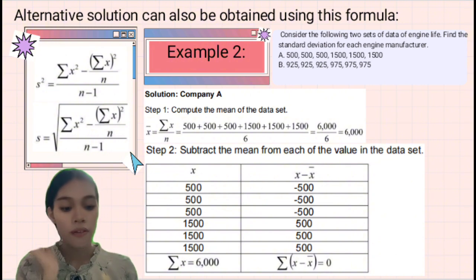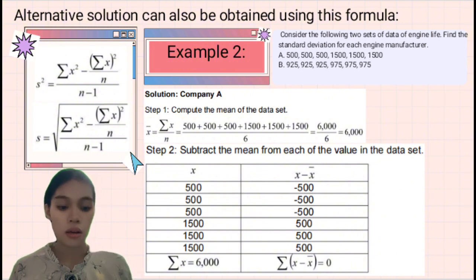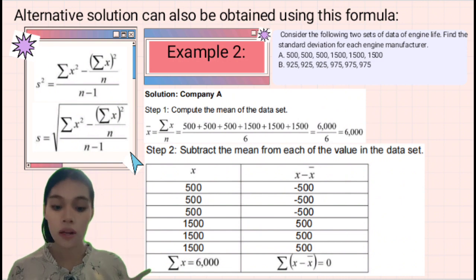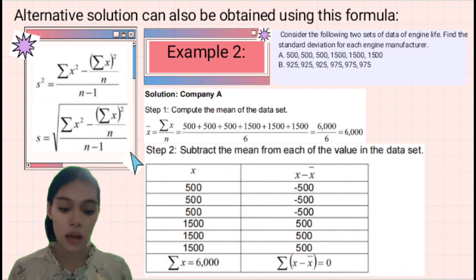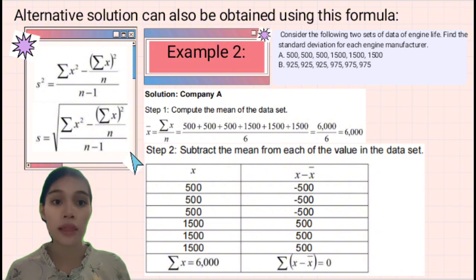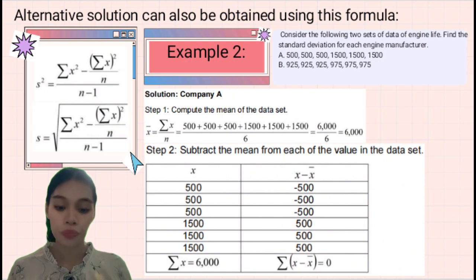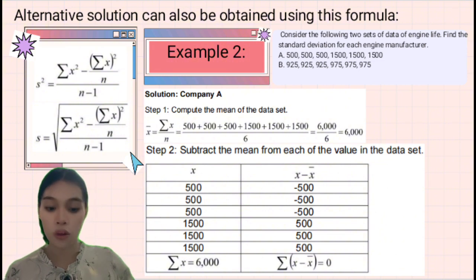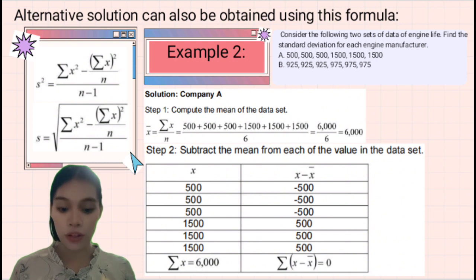So we now have 500 minus 1,000, which is negative 500. Another 500 minus 1,000 is negative 500, and the other 500 is the same thing. As for the three 1,500s, they will have the same value. For the second table, we have 1,500 minus 1,000, which is 500, and that goes on until the last value.